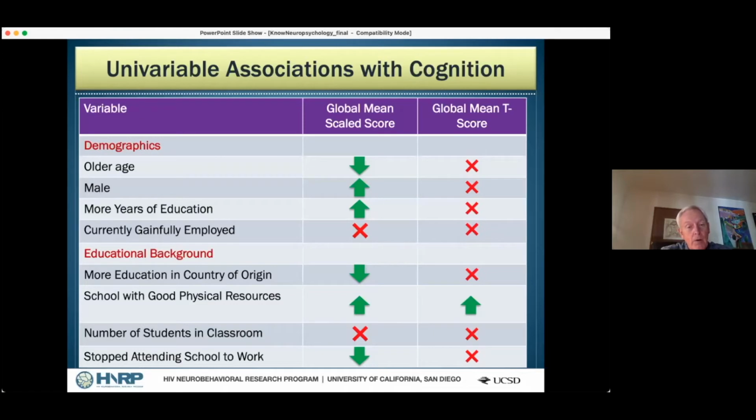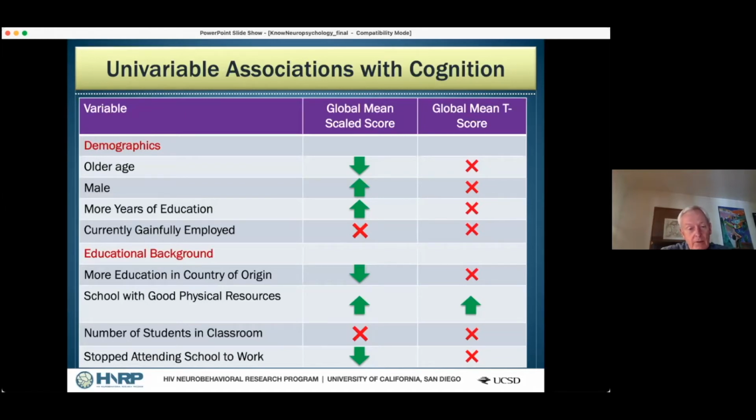And you see that both for the scale scores and the T-scores, having good physical resources in their school environment was a positive thing, and maybe that's something that should be considered in further refinement of norms for at least this population.